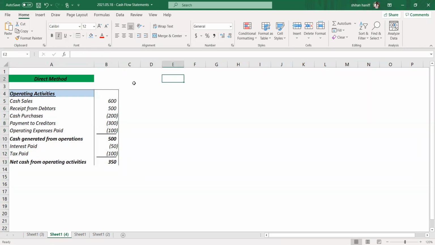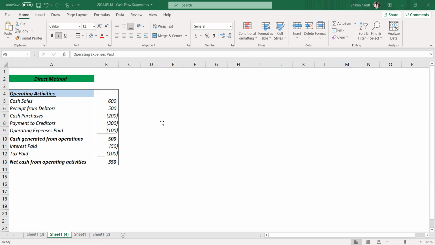So when you do the direct method, there are important ledger accounts that you need to prepare. Mainly to identify the receipt from debtors, payment to creditors, cash sales, credit sales, expenses paid.